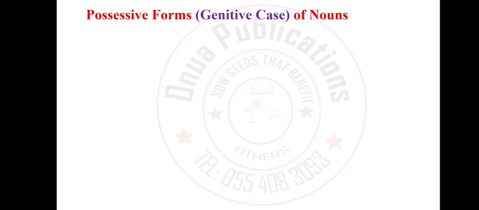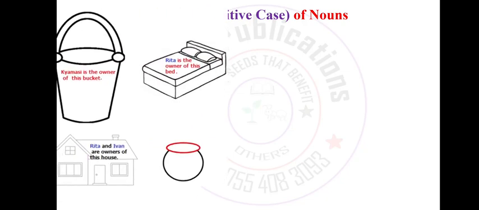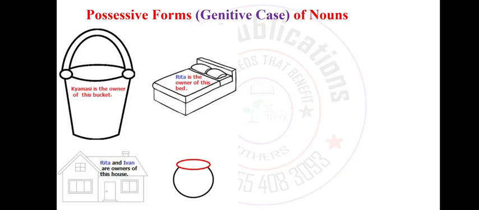So we could have things like this. Look at the bucket. Chamasi is the owner of the bucket. Rita is the owner of this bed. Rita and Ivan are owners of this house.